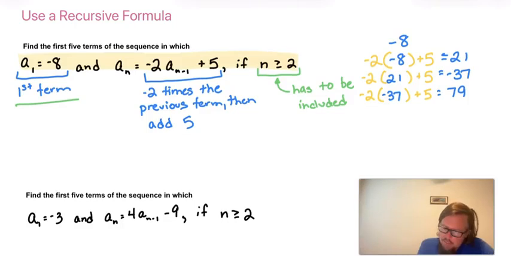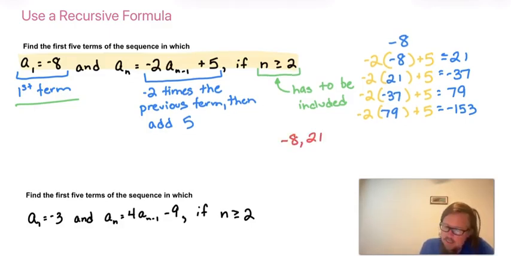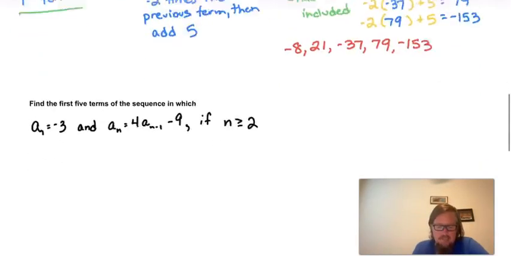And then finally our fifth term, -2 times +79, that's going to be a big number, plus 5. So -2 times 79 is -158, and -158 plus 5 is -153. So our first 5 terms are -8, 21, -37, 79, and -153. Just like that.